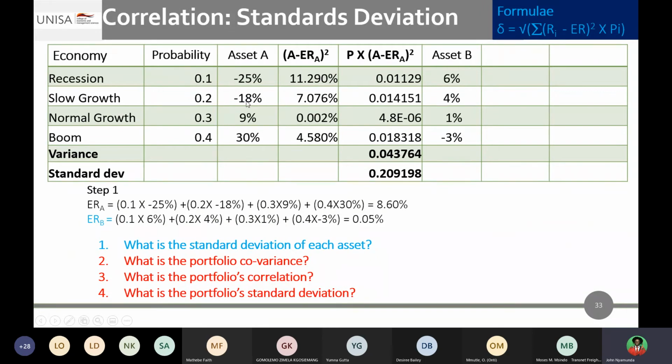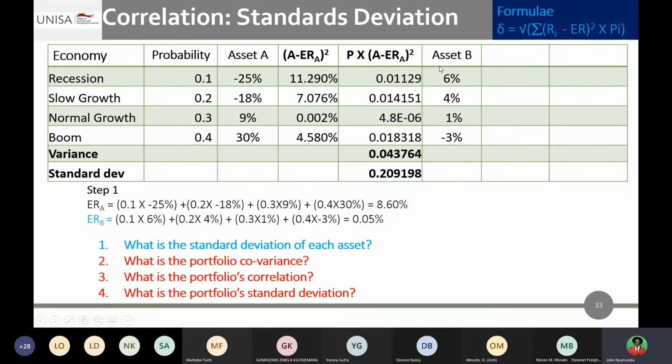Minus 18 minus 8.6 squared gives us 7.076. 9 minus 8.6, it's not 1.4, it's 0.04. Then we say 30 minus 8.6 squared, which gives you 4.5.